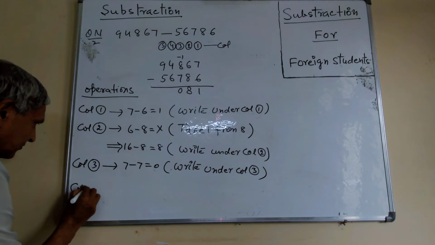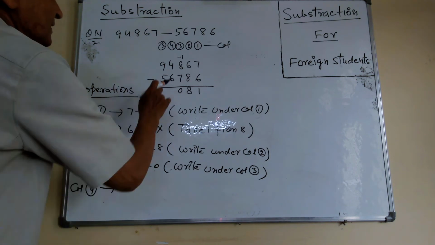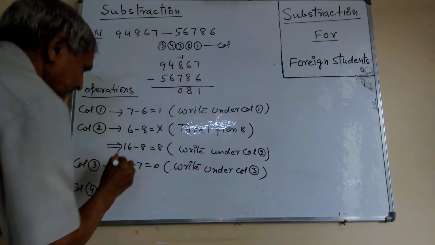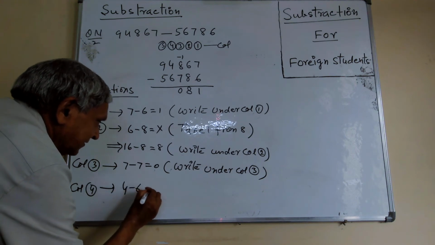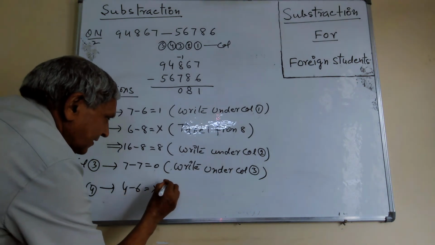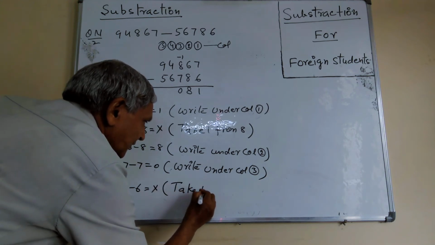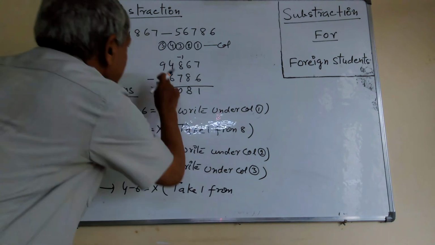Operation on column fourth. What is the fourth column? Here we have to subtract 6 from 4. 4 minus 6. Again, this is not possible. My dear students, take 1 from which number? 9.